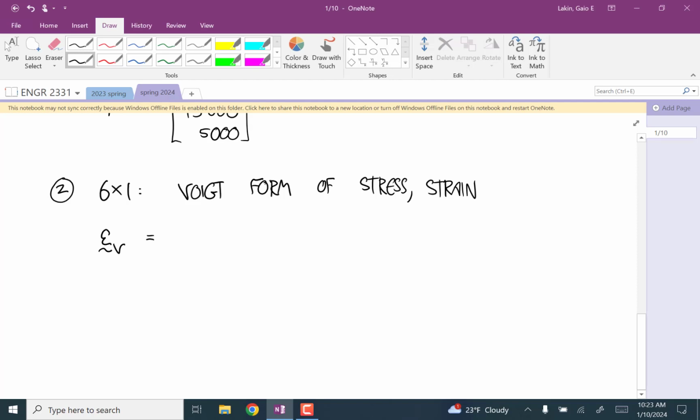This epsilon is the symbol for strain. And you might see a strain value at a point that's like 1.5 times 10 to the minus fifth. Then 0, 0, negative 6 times 10 to the minus 6, 0, 0. And by the way, we'll see this later, but strain is unitless, so no units on this particular matrix.